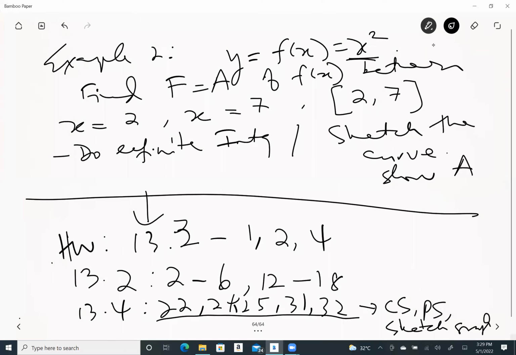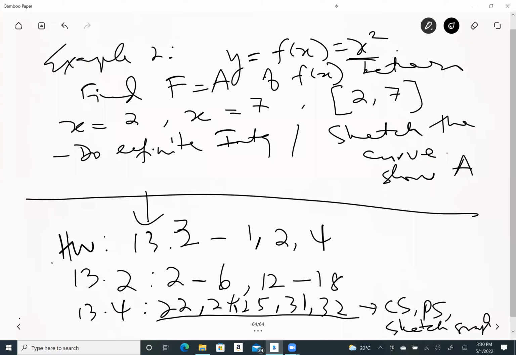So let us begin with 13.3. Now 13.3 is an extension of 13.2, where you want to find an area between two curves.